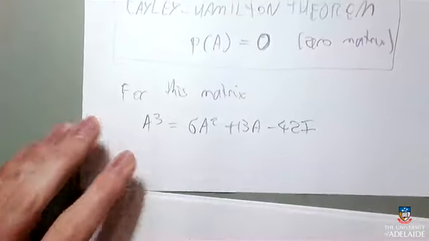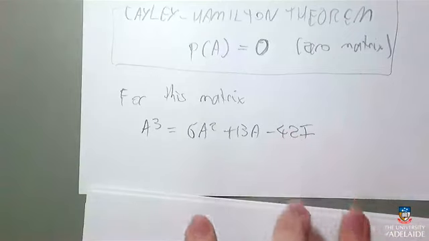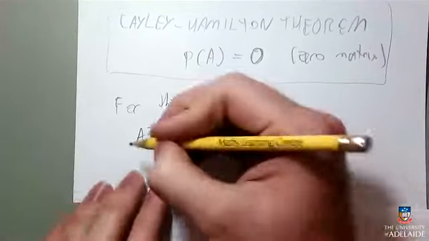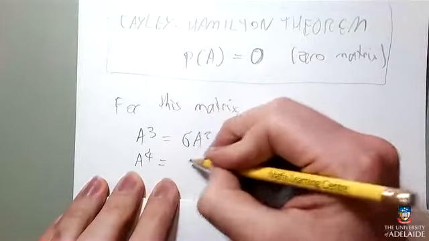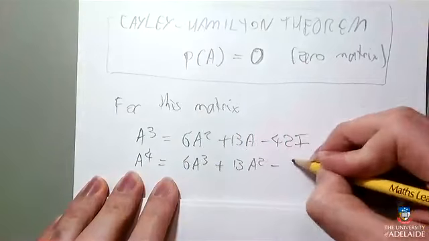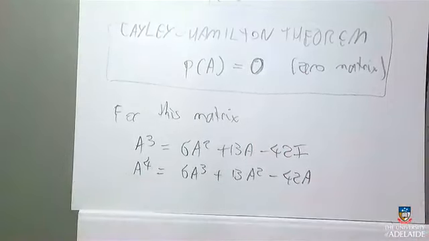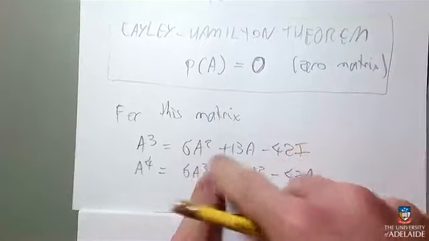And what I've managed to do is rewrite the third power of a in terms of the smaller powers of a. Actually, every power of a can be written as a combination of these smaller powers of a. I could times everything by a and get a to the 4 is 6a cubed plus 13a squared minus 42a. But I already know what a cubed is, and I can sub that in there.